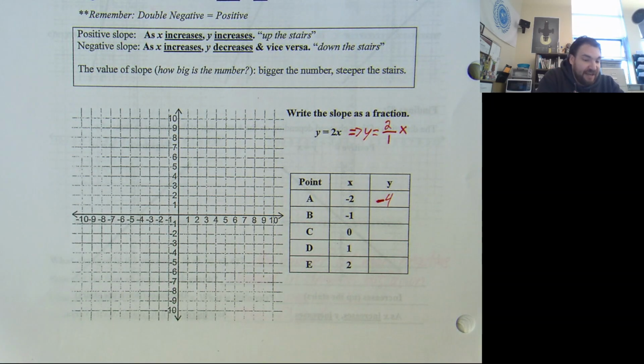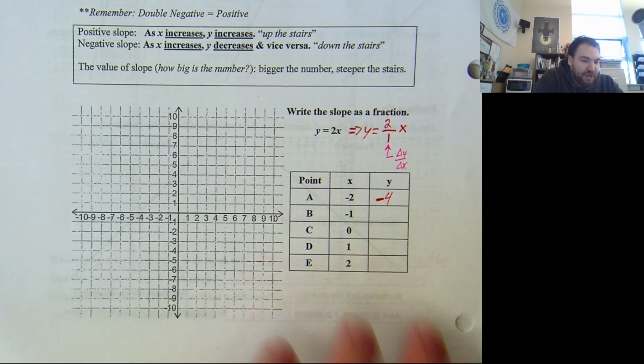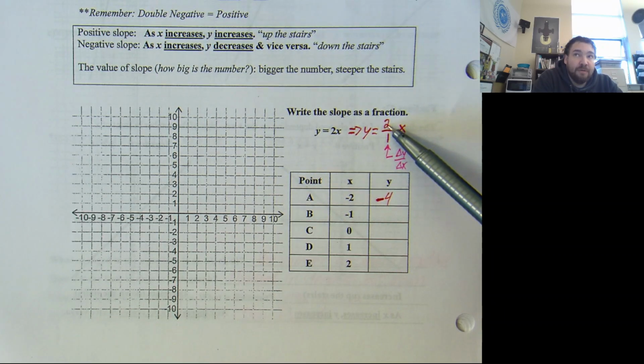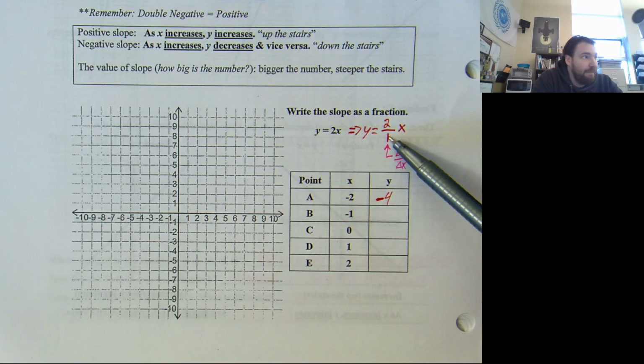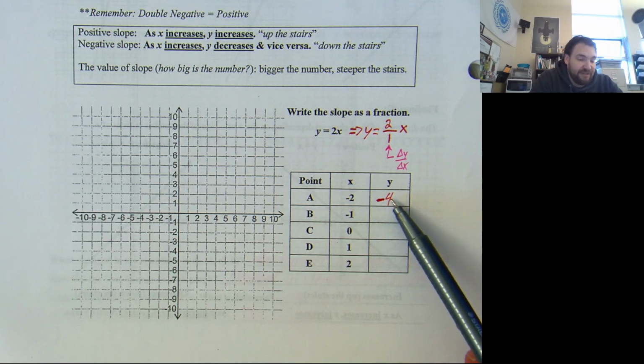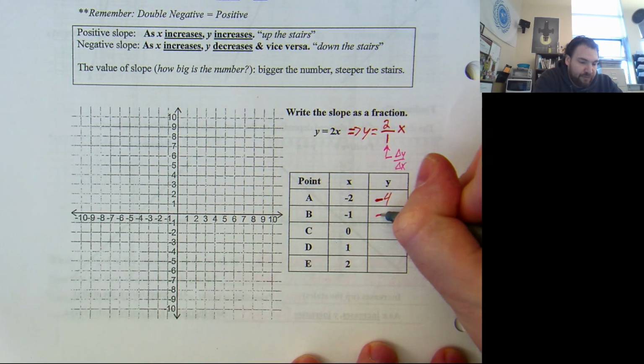And so if this is the same as the change in y over the change in x, what this means is that as y is going up 2, x is going to go up 1. So Lucas gave us our first value here. He said that y is going to equal -4. If I plug -1 in here, I'm going to get -2.